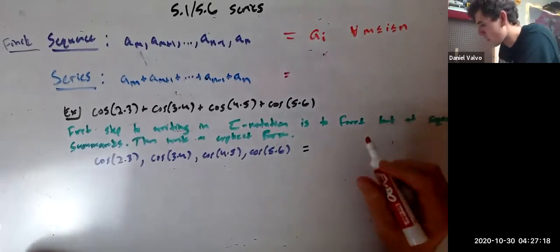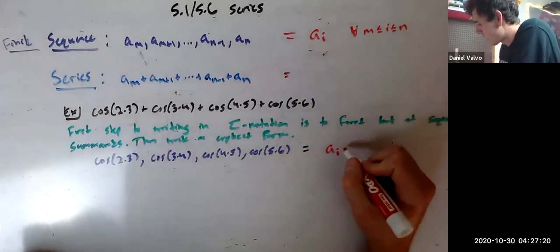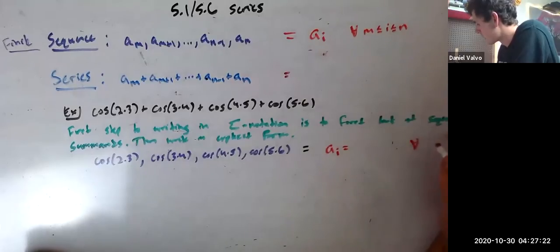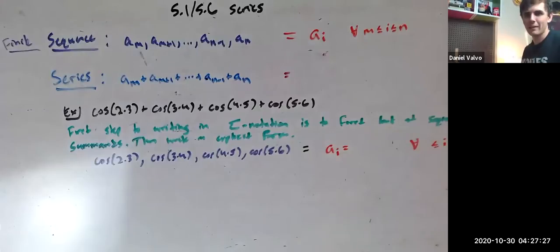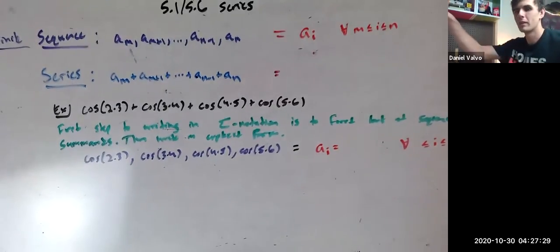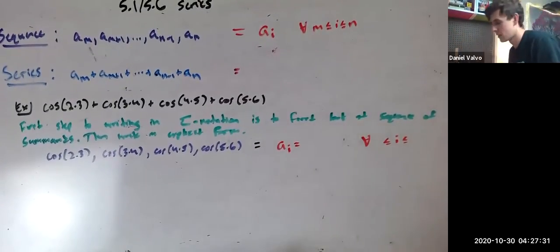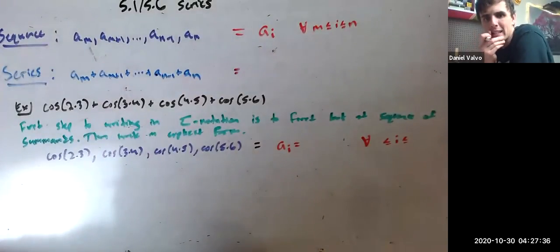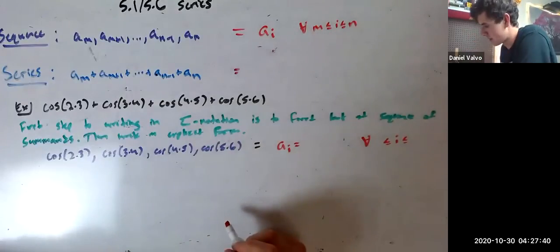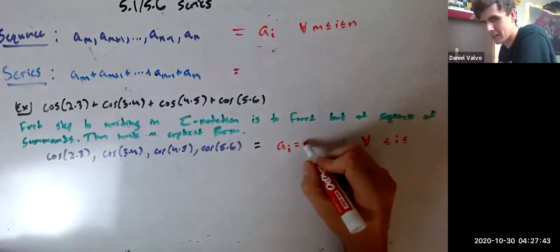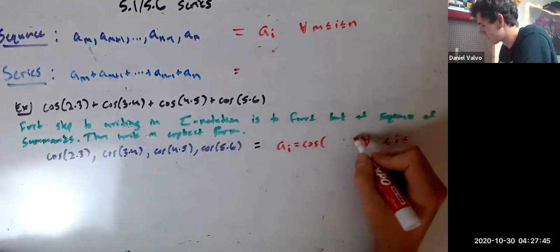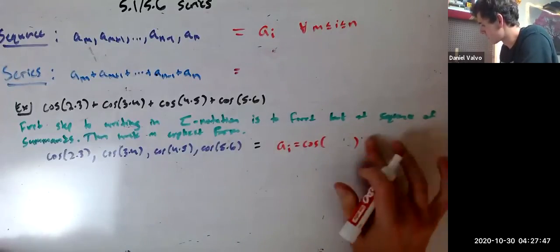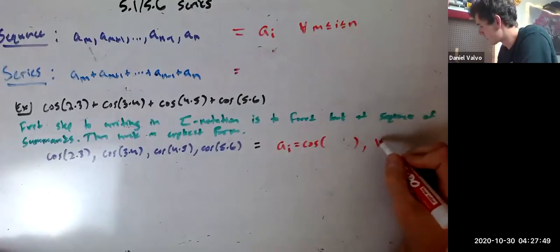So in explicit form, we want to say that a_i equals something for all i in some range. So what are you guys thinking for a_i? I think cosine's a good idea, right? I mean, that's going to have to be there, I guess. What should we go in the middle?